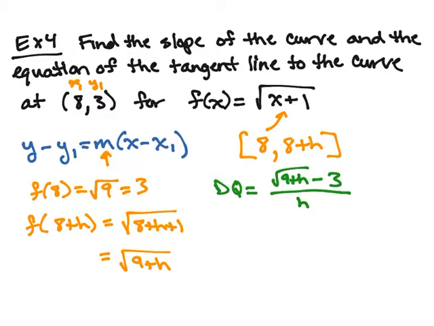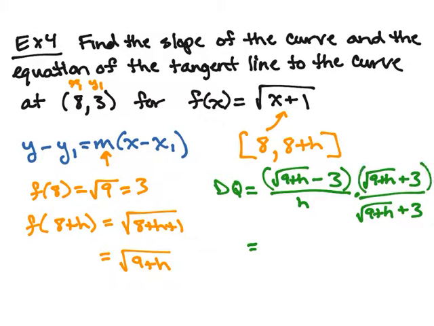All right. We got square roots in this problem. How do I simplify the difference quotient? I'm going to multiply by the conjugate. So the conjugate is going to be the square root of 9 plus h plus 3 over the square root of 9 plus h plus 3. In the numerator, we FOIL that out. And we're going to get the square root times the square root gives me 9 plus h. Middle and outer terms cancel, that's why we do it.